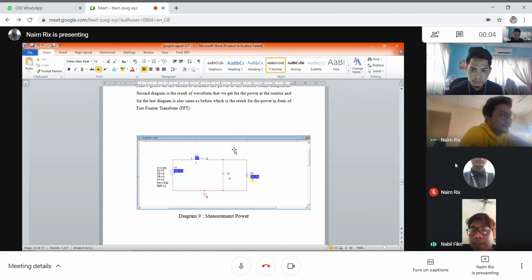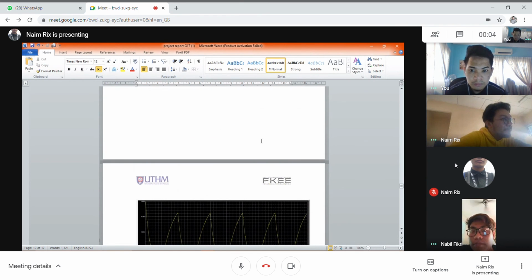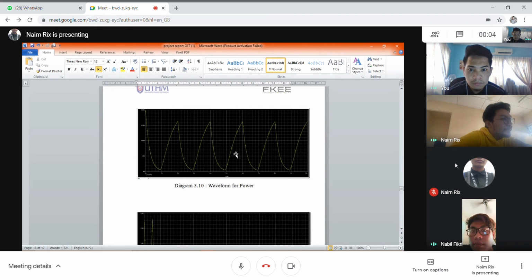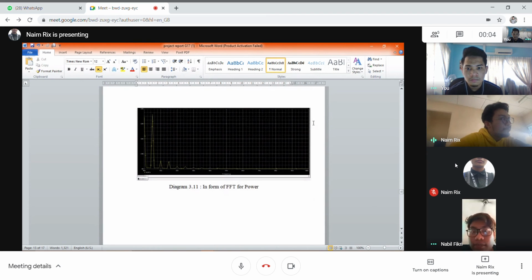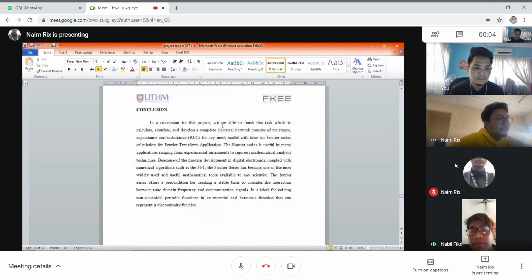So the result for the power is like this. The waveform for power in diagram 3.10, and the fast Fourier transform is like this. So I pass to my teammate to continue to the conclusion.